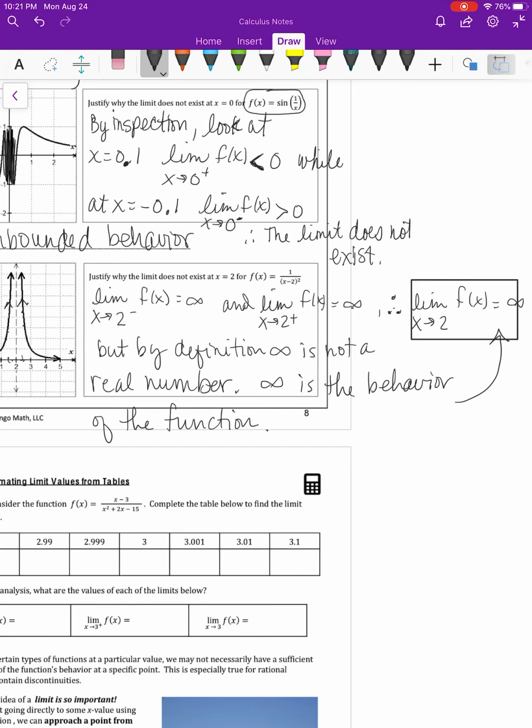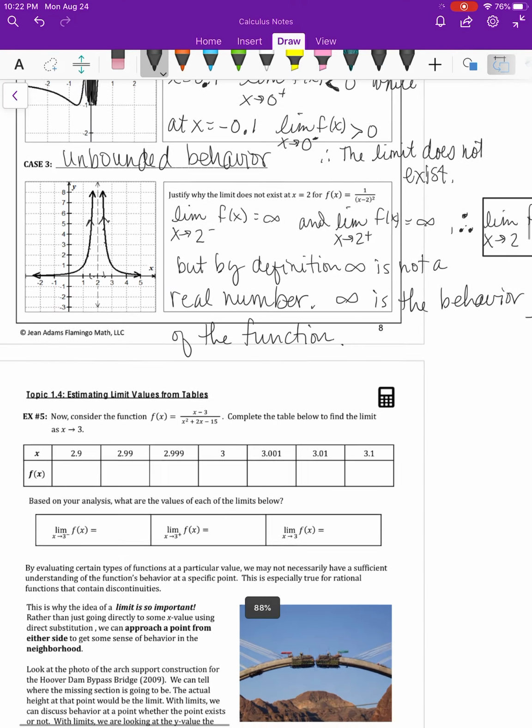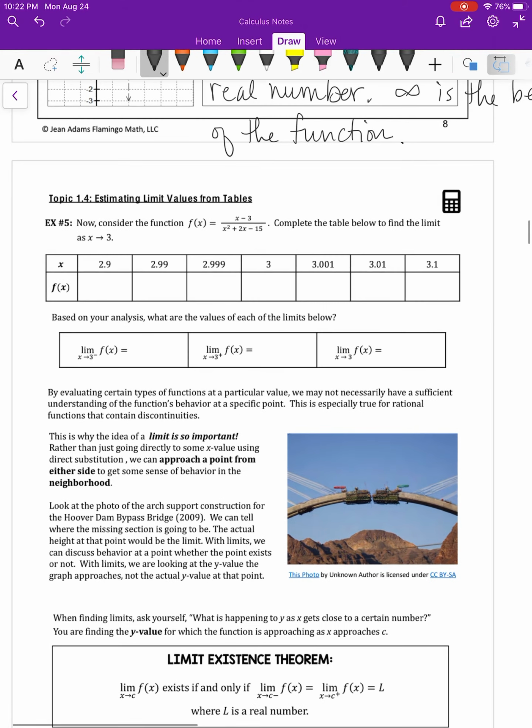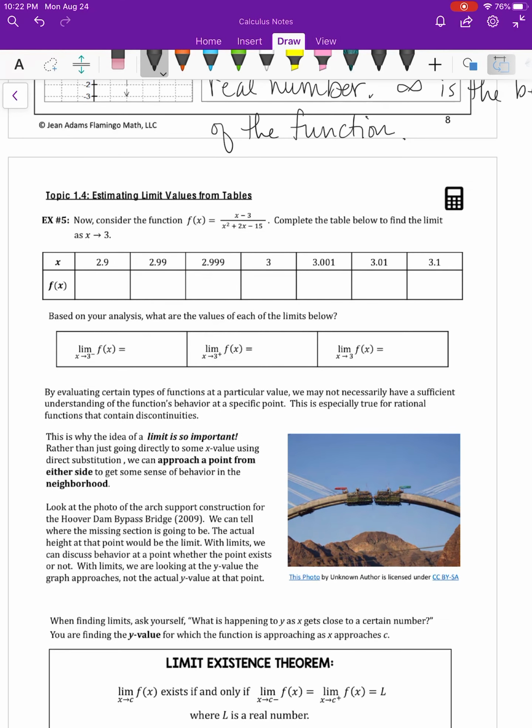But that technically means that the limit does not exist because it's not an actual real number, okay? That's one of those difficult things to explain and difficult for you to grasp. But I will ask that you tell me if it's doing the same thing on both sides, even if it is infinity or negative infinity.